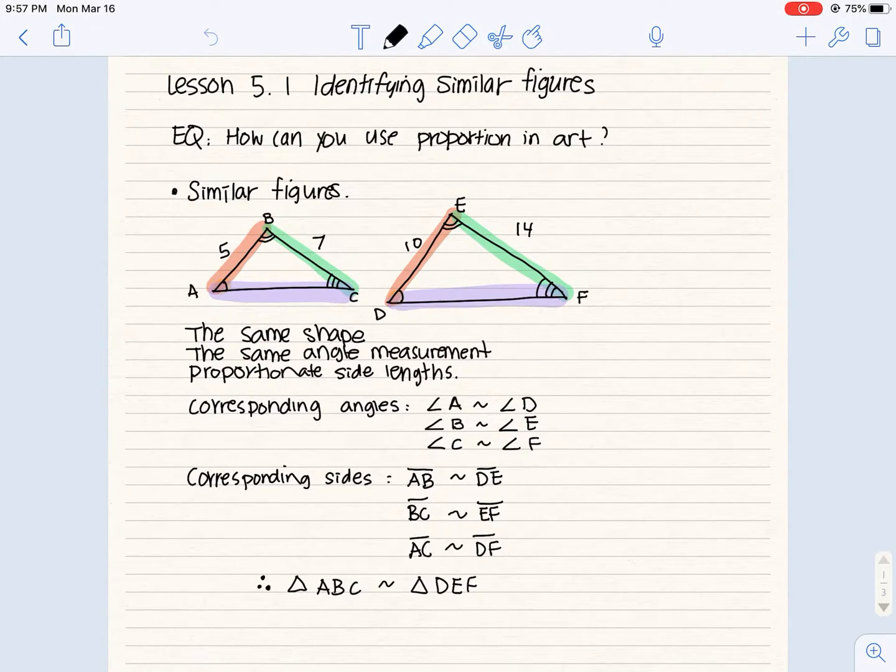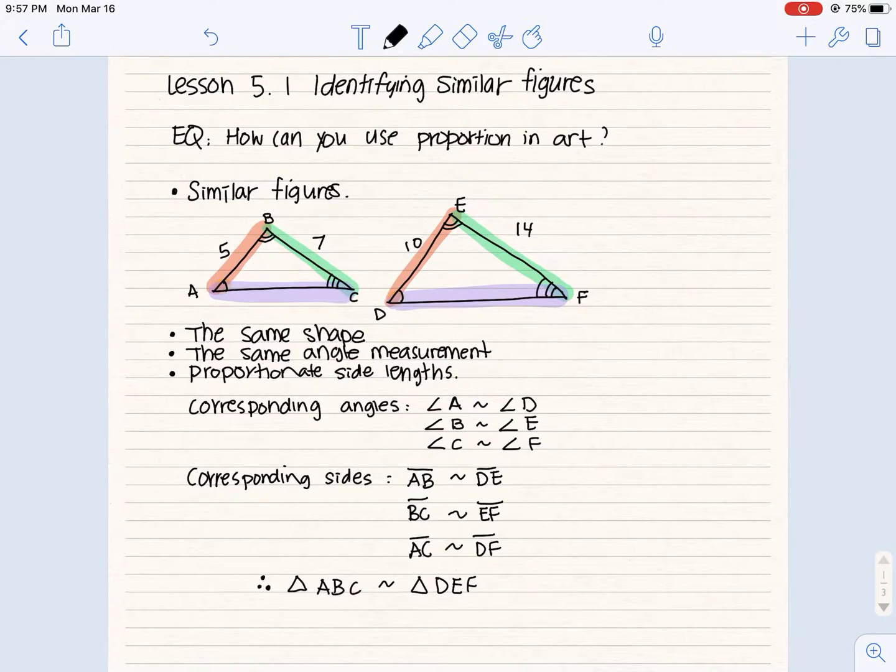So I have a triangle A, B, and C, and also triangle D, E, and F. In order to be similar figures, you have to have the same shape, and you have to have the same angle measurement, and you're going to have proportionate side lengths. So if you have only one or two components, and the third one does not meet, then you cannot say they are similar figures.